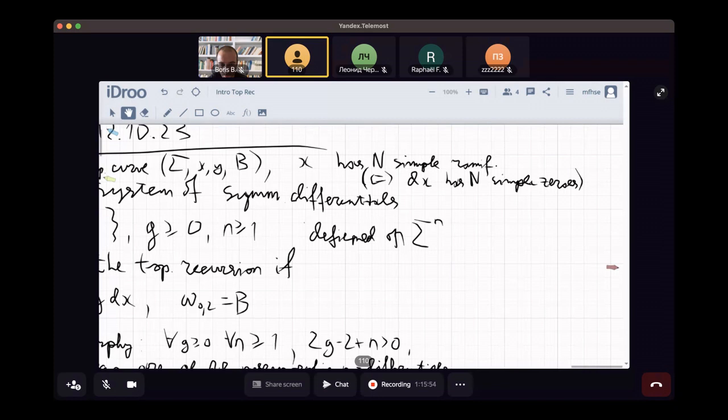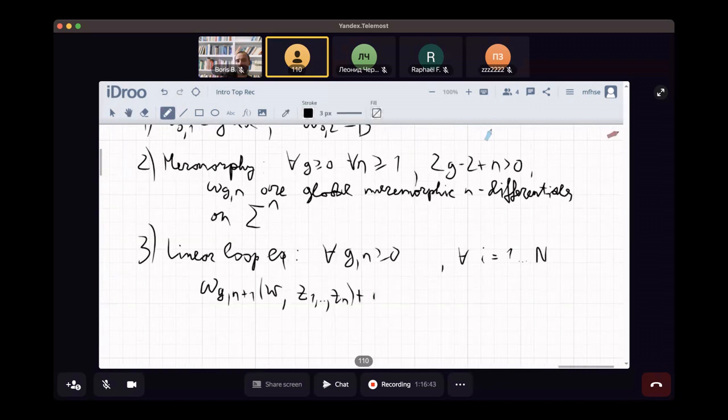So for all i and so on, omega g, n plus 1 of w, z1 and so on zn, plus omega g, n plus 1 of sigma i of w, z1 and so on zn, is holomorphic at w tends to p i.